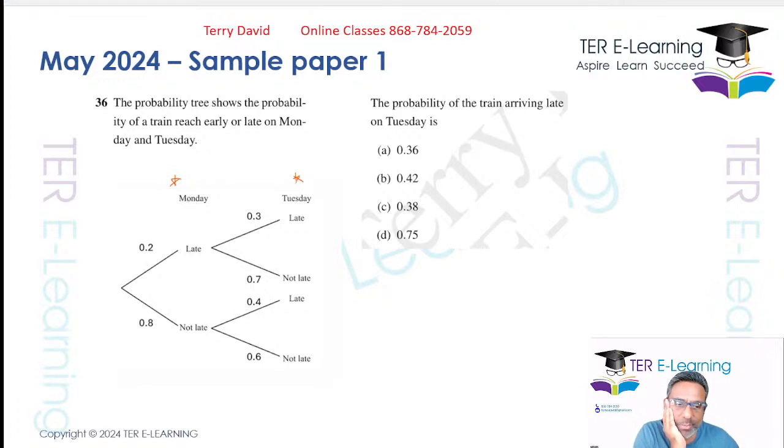I was hoping to see a few more answers. I only see 2 people have an answer. What's the probability of the train arriving late on Tuesday?